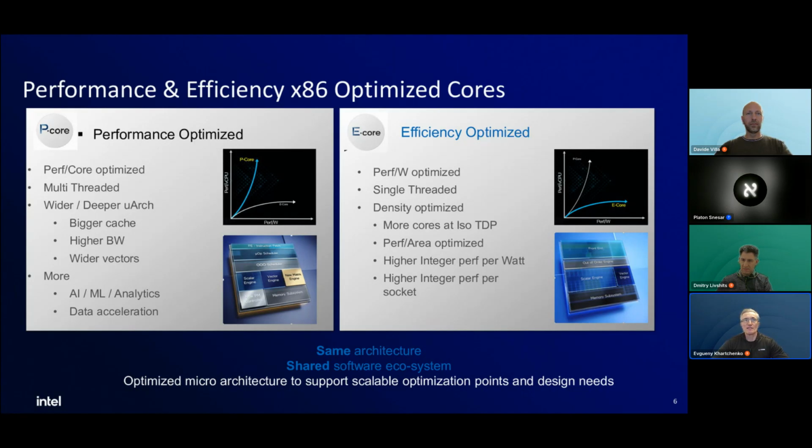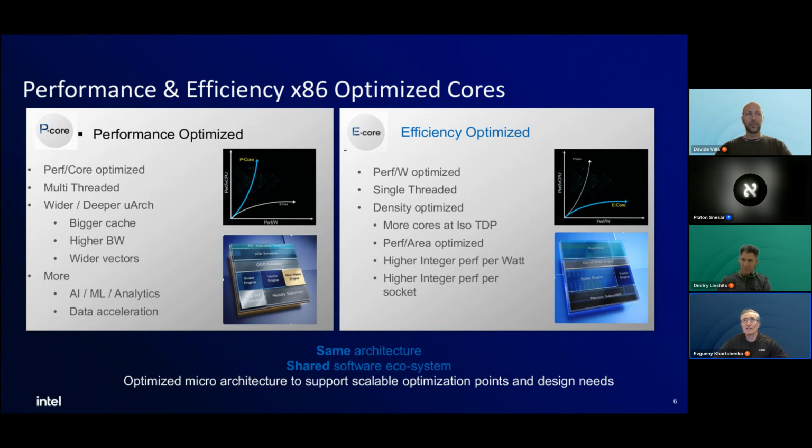They provide decent scaling through many cores and multi-threading. They have a wide and deep microarchitecture, large caches, and high memory bandwidth. They operate on wider vectors and have some other accelerators. Efficiency cores are optimized for performance per watt. They don't have hyper-threading, just a single thread per core.